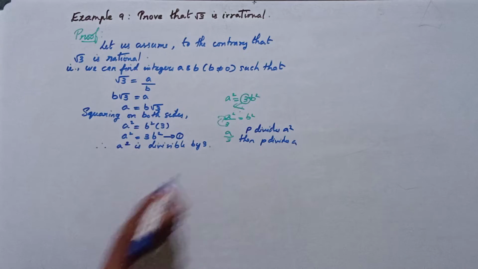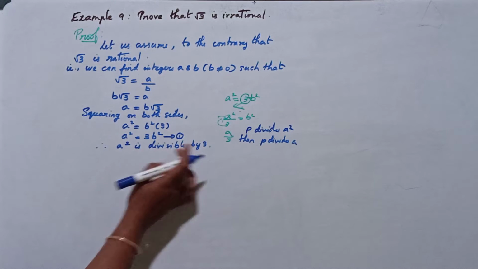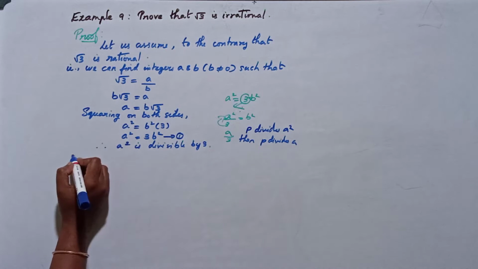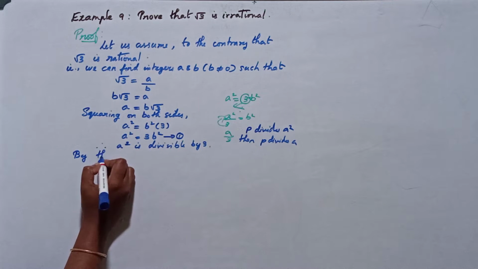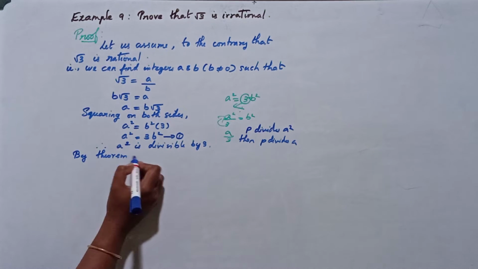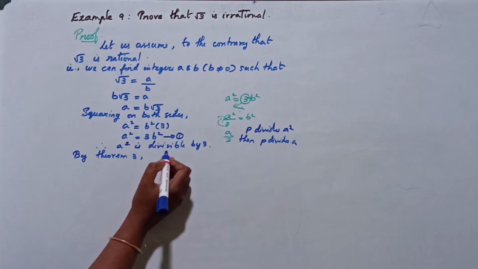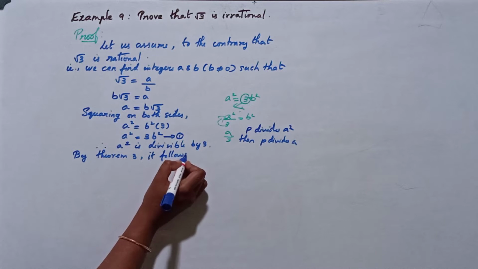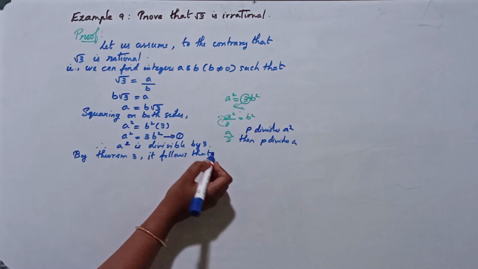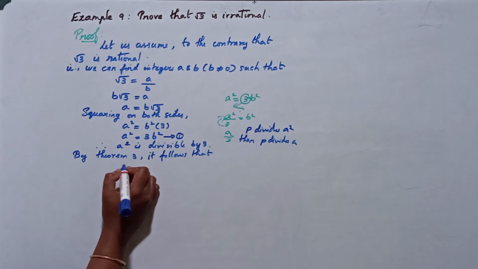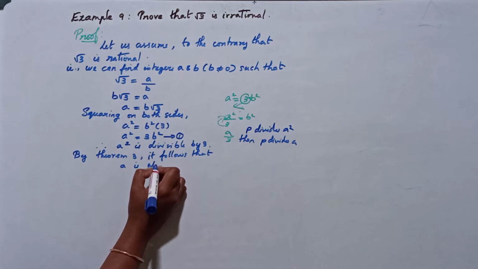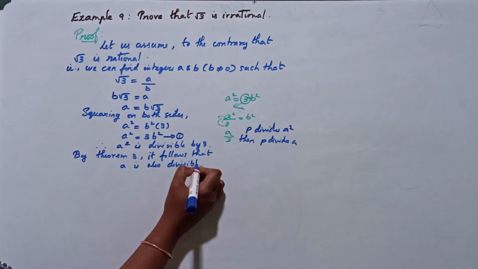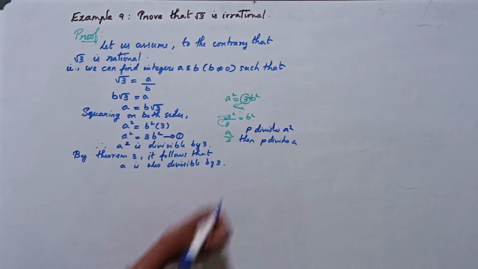Same way here, if 3 divides a square, then 3 divides a, right? So you can write, by theorem 3, it follows that a is also divisible by 3.